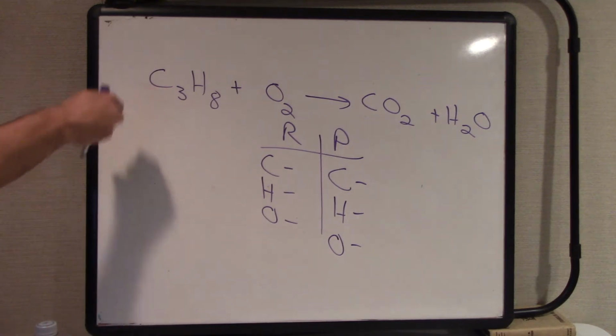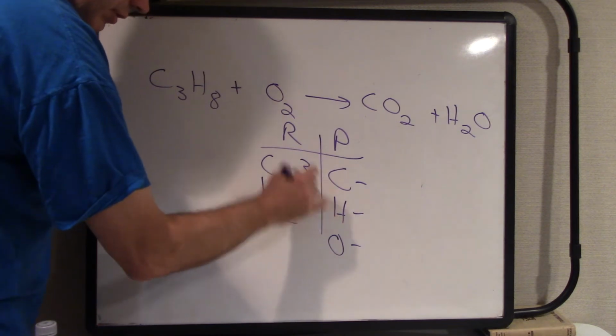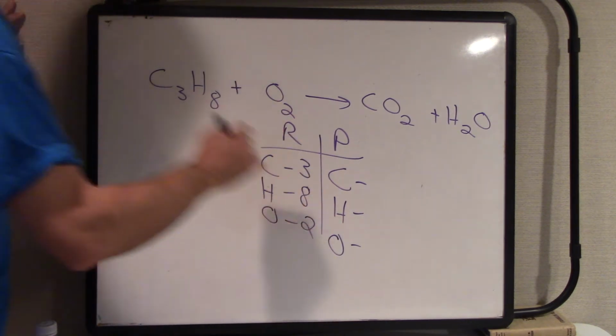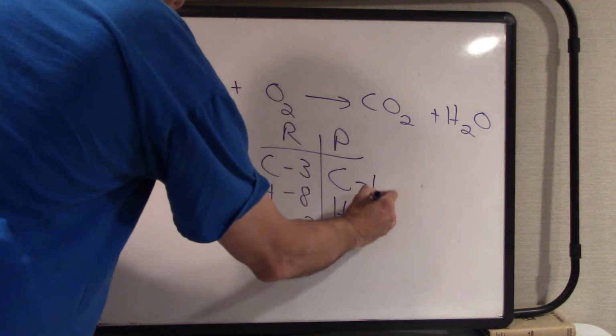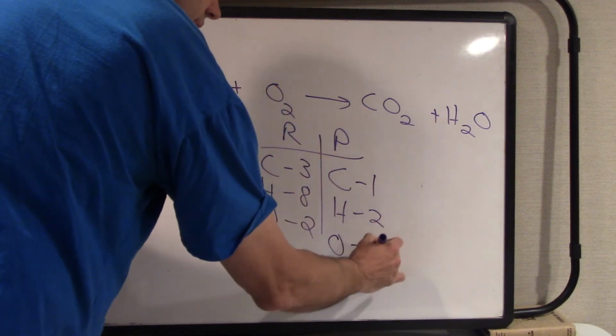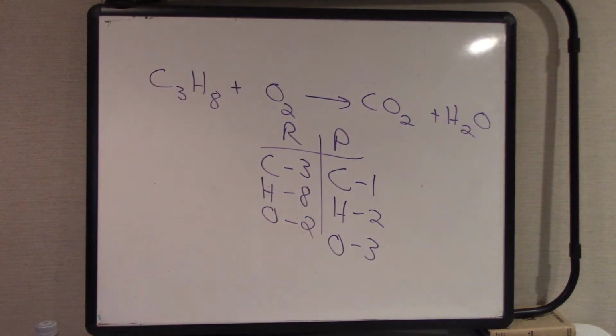On the reactant side, 3 carbons, 8 hydrogens, 2 oxygens. On the product side, 1 carbon, 2 hydrogens, 2 and 1, 3 oxygens. So now I need to start balancing.